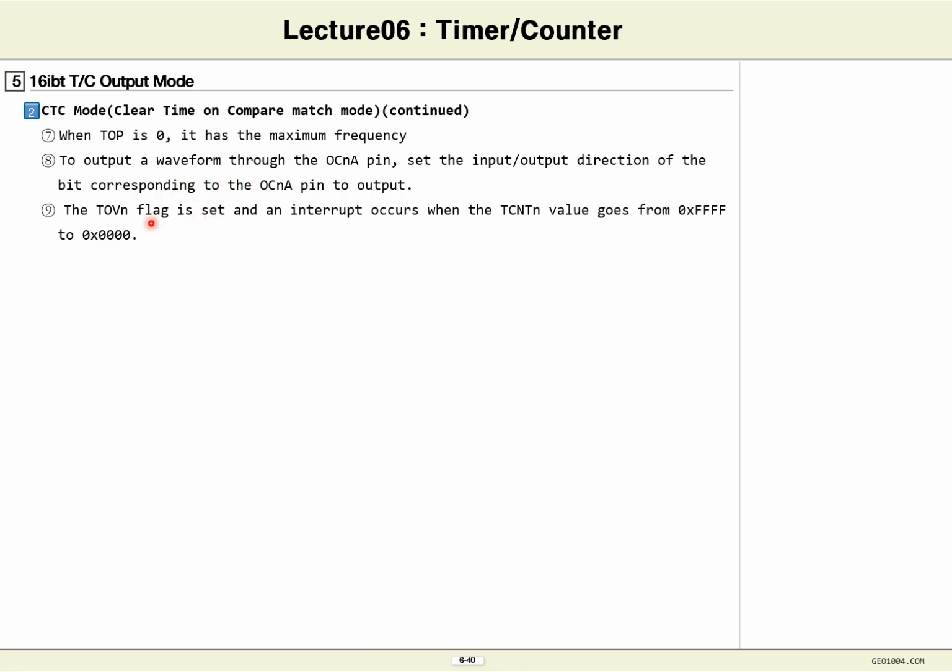And the TOVn flag is set and an interrupt occurs. What is this case? This occurs at the moment the TCNT value changes from 0xFFFF to 0x0000. Now I have explained the CTC mode to this point.